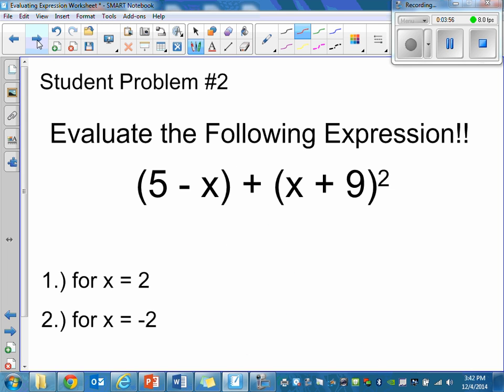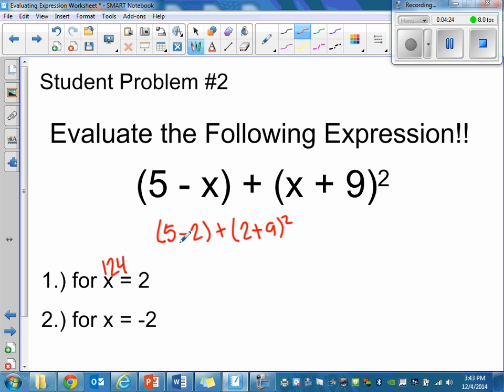So we're going to do the same thing for student problem number 2. So pause to do number 1 and come back to check. For number 1, if you got 124, you can fast forward. If you did not, please continue to watch. So for number 1, you would have 5 minus 2 plus the quantity of 2 plus 9 squared.